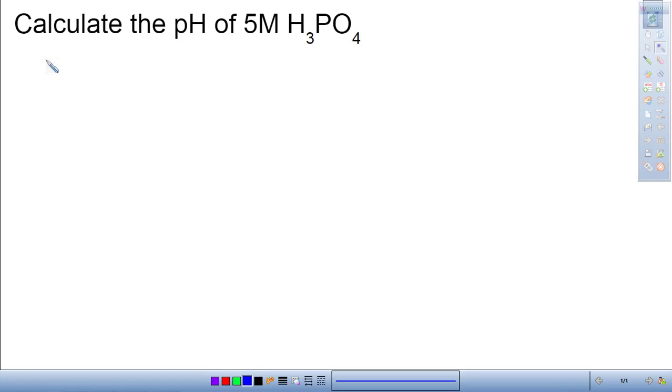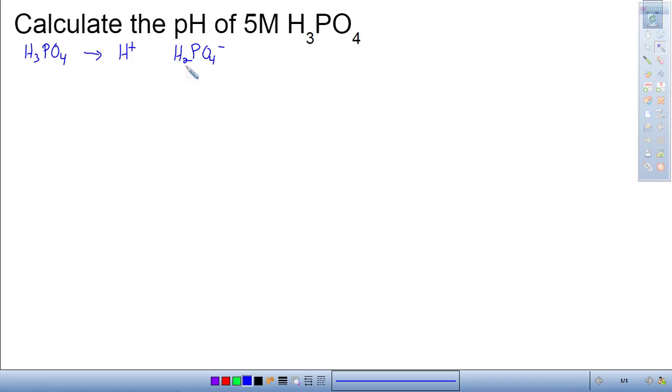Now our first step, when it loses that first hydrogen, remember, we need to balance the charges, so if this has a positive, this is going to have a negative. And so it's going to release a hydrogen, and it's going to have an anion left as well.